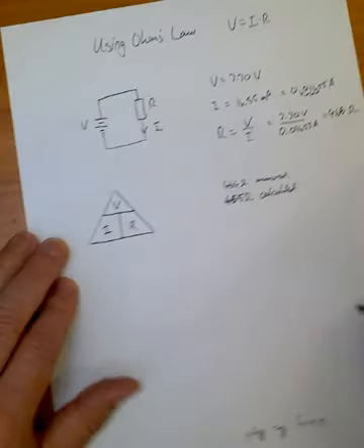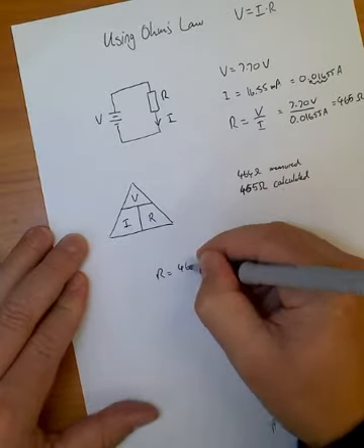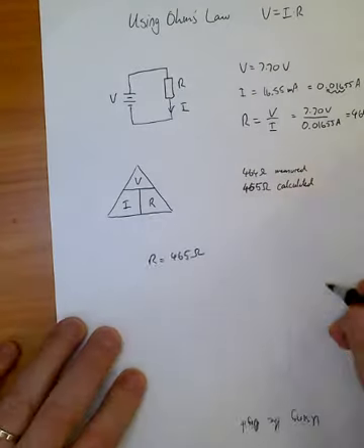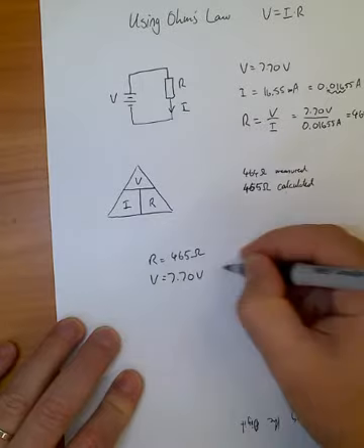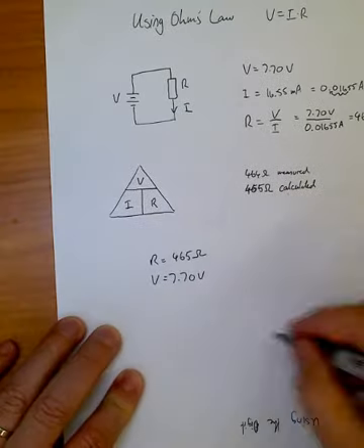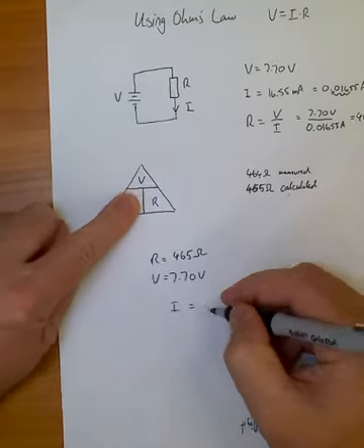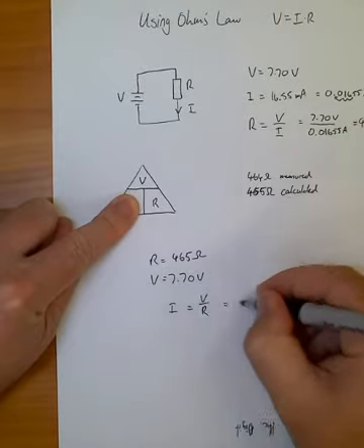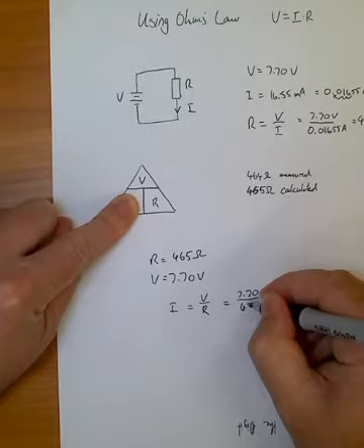So if we have R equals 465 ohms, because that was our measured resistance, and we measured 7.70 volts across it, then I, which is equal to V divided by R, equals 7.70 divided by 465.